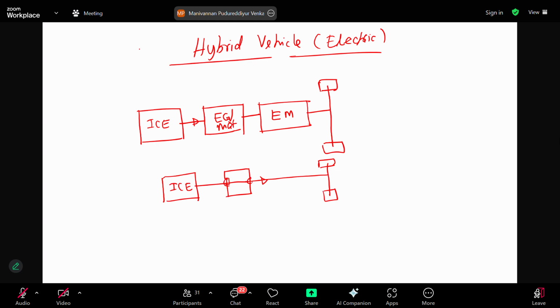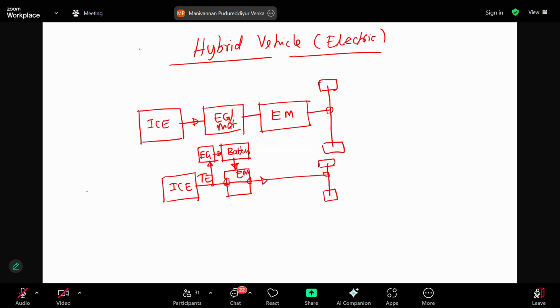I am showing it like this because the electric torque TE directly goes, and we have a battery, an electric generator, so battery, and from here it goes.